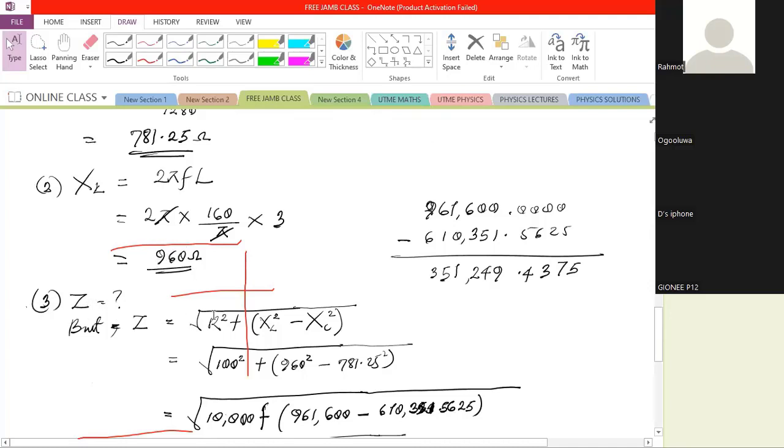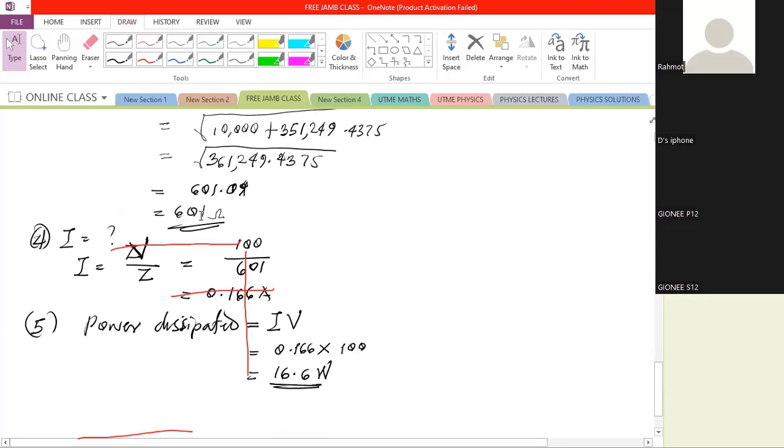The impedance is the square root of R squared plus XL minus XC, all squared, and that gives us 601. For the current, we have the voltage over the impedance, and that gives us 0.166 amps. Then power dissipated is IV, which is 0.166 times 100, which is 16.6 watts.